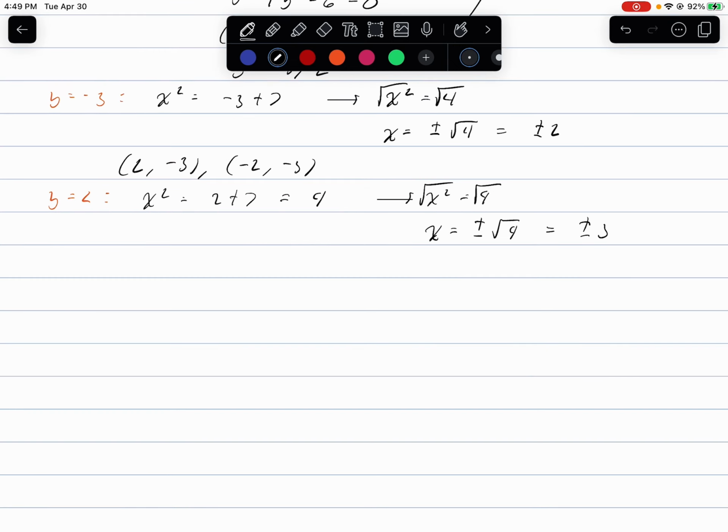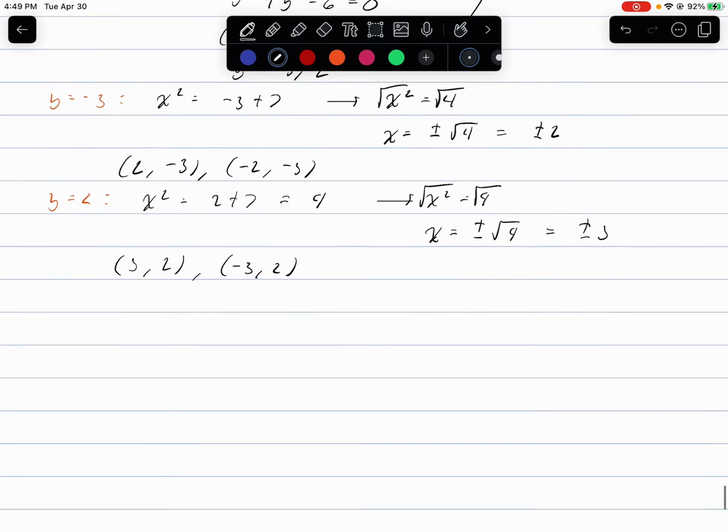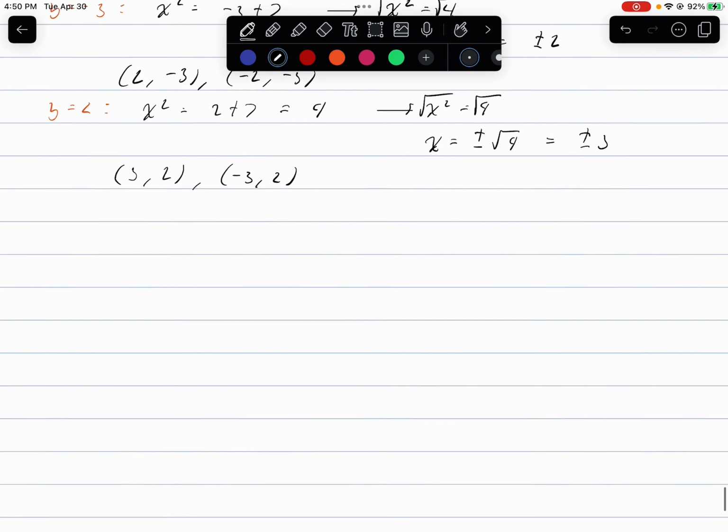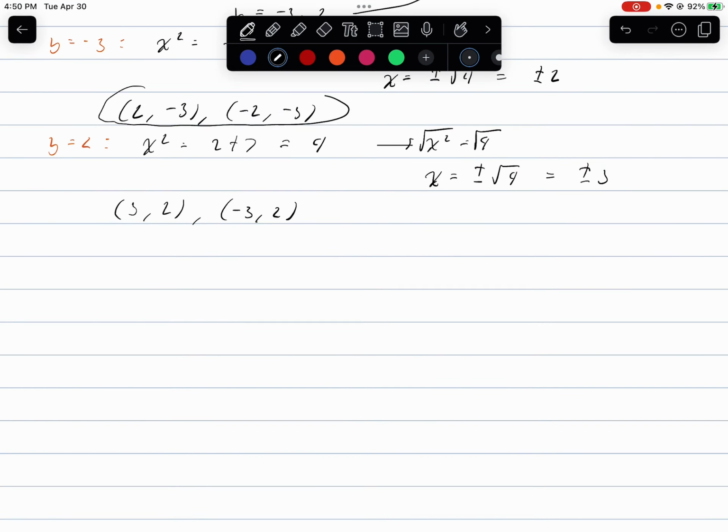So once again, we're going to get 2 points as well: we have the point 3, 2 and then negative 3, 2. Okay, so we actually get 4 points out of this. We get these points: 2, -3, and -2, -3, and 3, 2, and -3, 2.